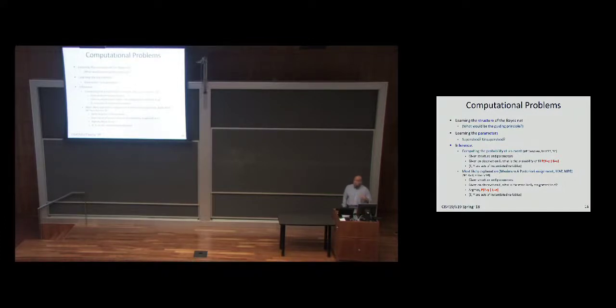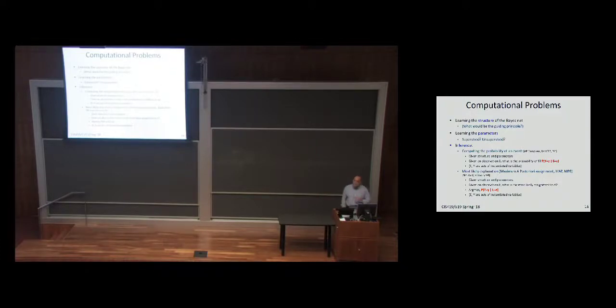And there are 2 key inference questions that you may want to ask. One of them is, give me an event. An event means an assignment to some of the variables. Could be a conditional event. Could be that I observe something. I observe that A is 1 and B is 0, and now I want to know the probability of J and M being 1.